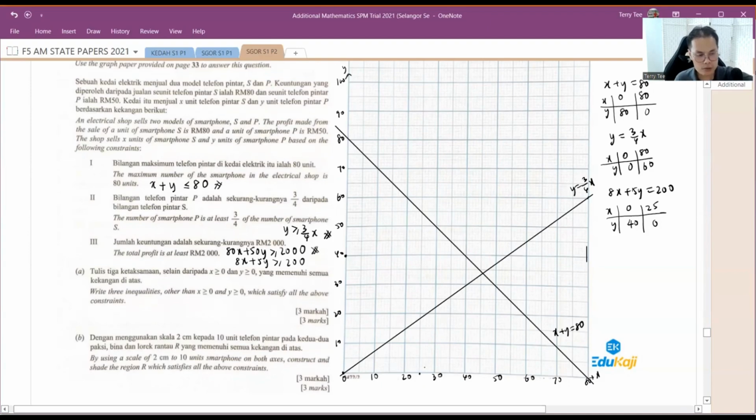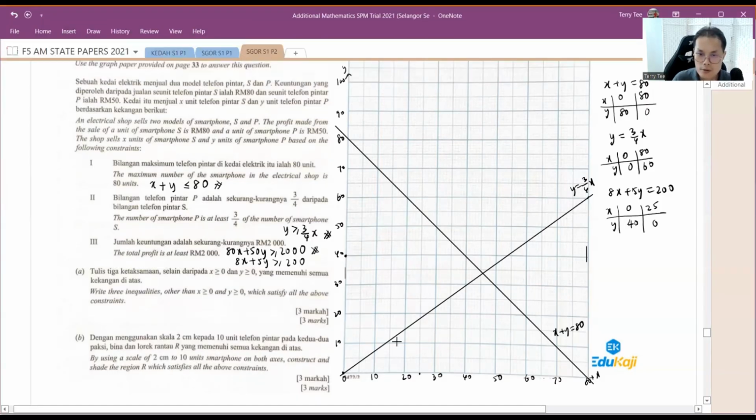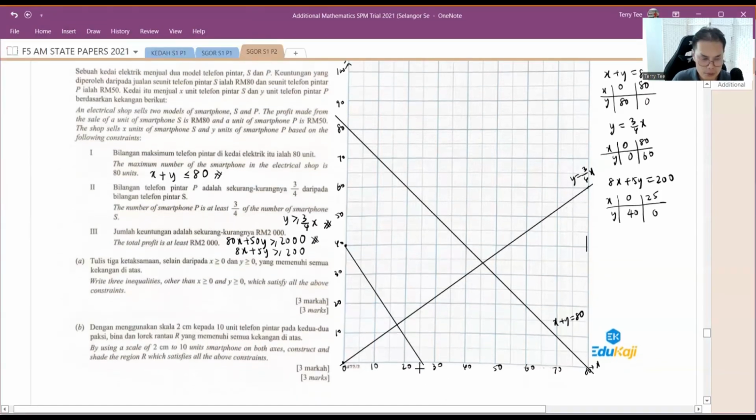Okay, so let's see. My graph should be from here to here. Small value. Adjust it a bit. Okay, so now this line is 8x plus 5y equals to 200.